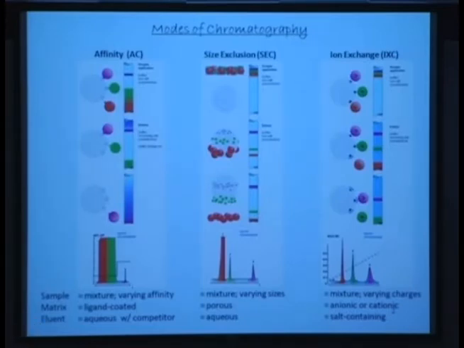So because of this differential penetration, those molecules that are able to penetrate the porous nature of the matrix would actually go in, and those that cannot penetrate would bypass the entire channels that are formed in the matrix.